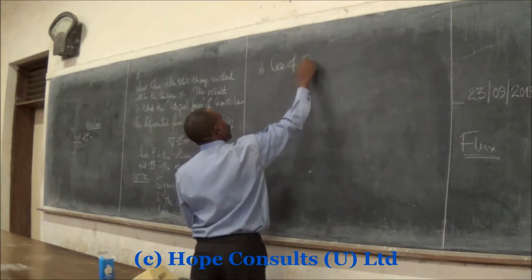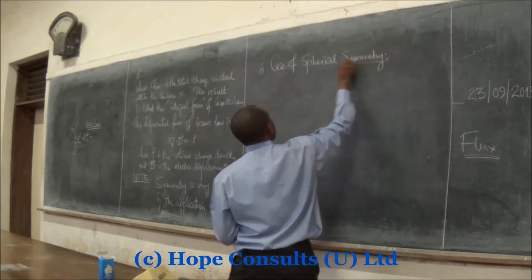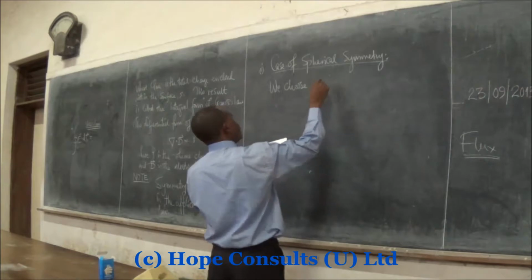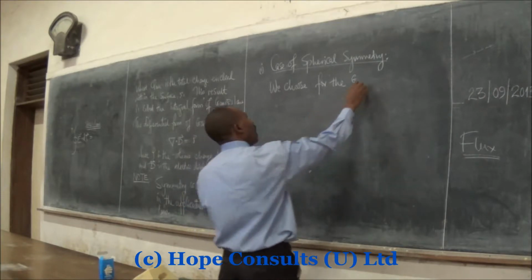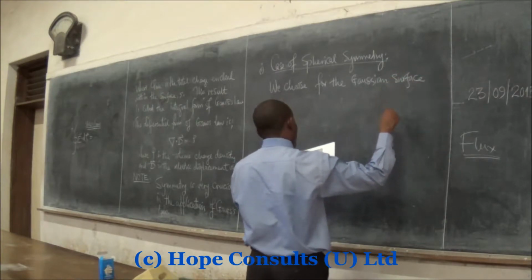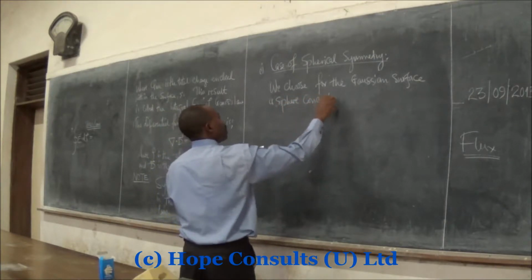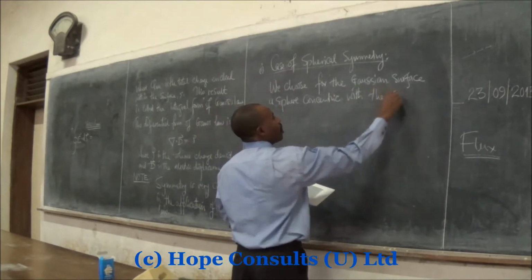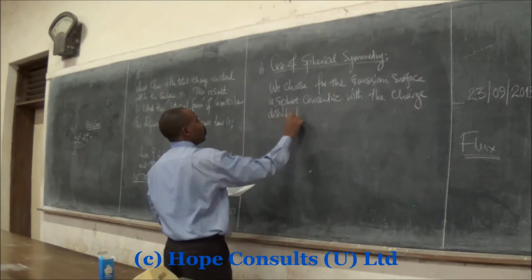Case of spherical symmetry. We choose, for convenience, the Gaussian surface to be a sphere concentric with the charge distribution.